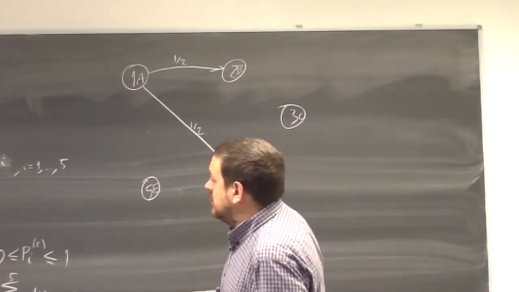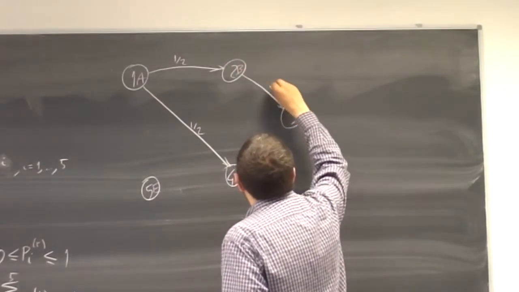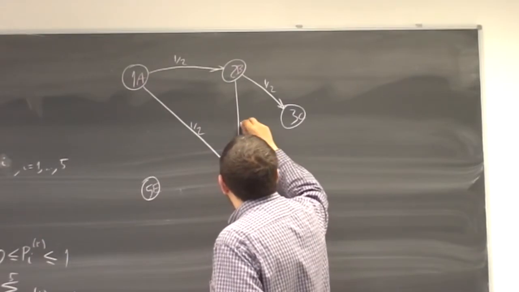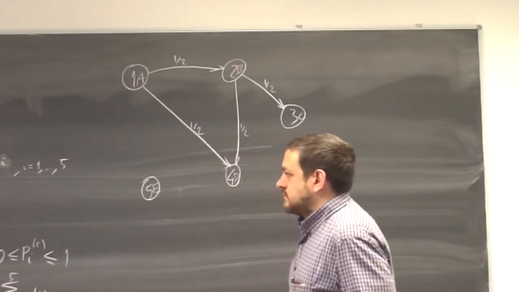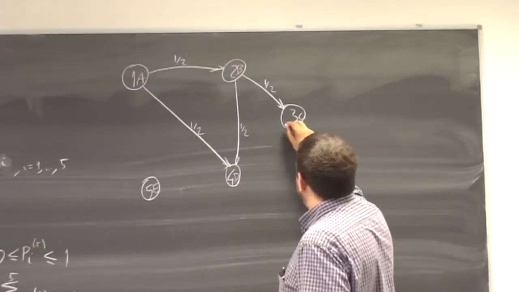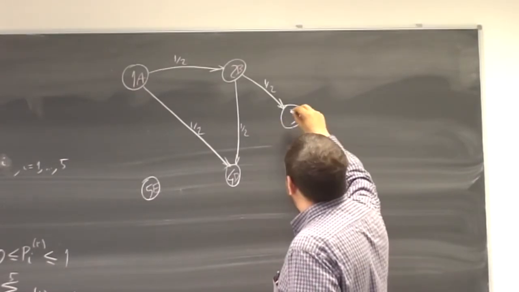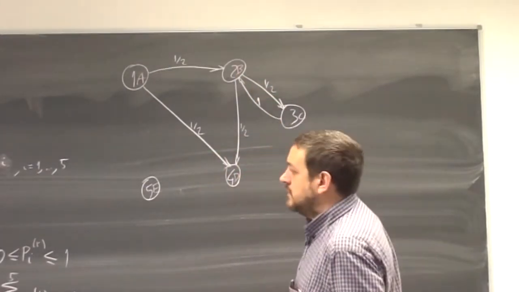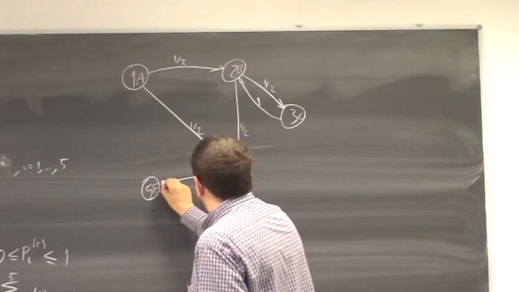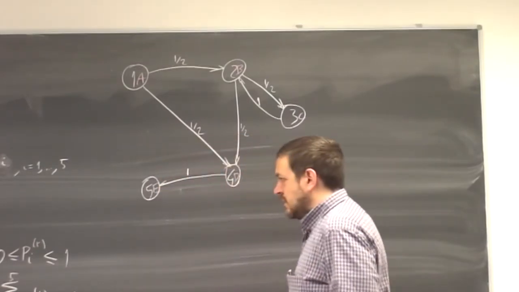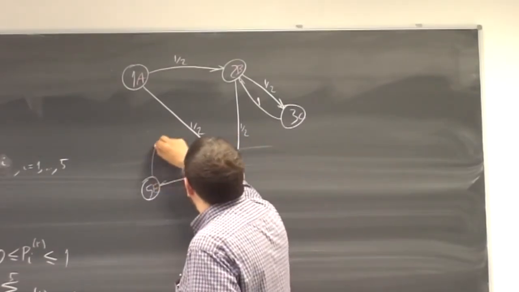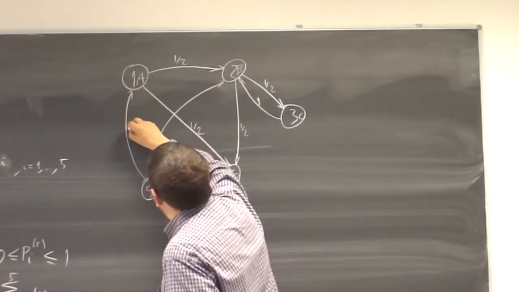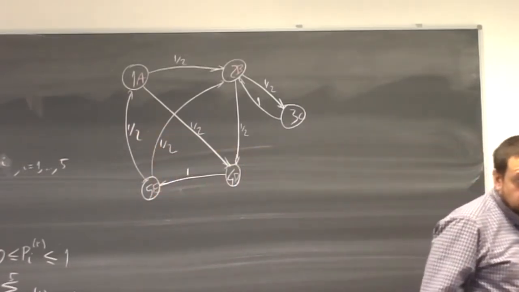So for example, B gives half of his deck to C and half of his deck to D. C gives all of his deck to D. D gives all of his deck to E. And finally, E gives half his deck to B and half to A.